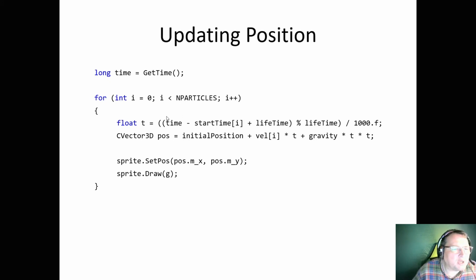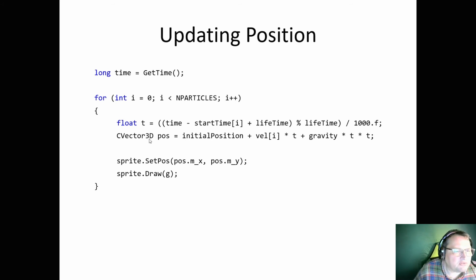The simple trick will create a value of lifetime in the cycle from 0 to 6000, which is the maximum lifetime. Each particle after 6000 milliseconds will reset back to 0. This expression here will be the time calculated in milliseconds. By dividing this by 1000 we get the time in seconds, which is the SI unit, better for physics.